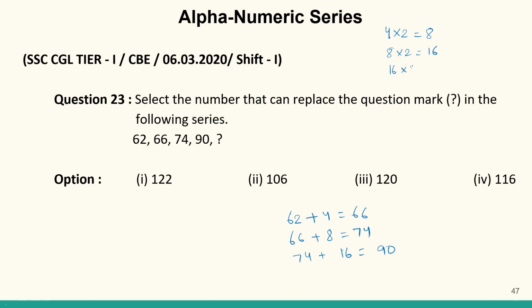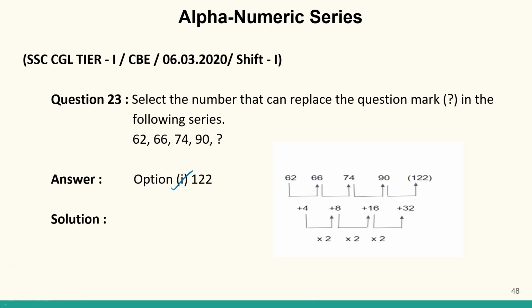So logically we'll multiply it by 2 and add 32. Because this was increased by 4, this was increased by 8, and this was increased by 16. So if I add 32 to 90, I'll get 122 as my answer, which is option number 1. So here you can see very clearly 4, 8, 16, 32. So the element that we are adding is multiplied by 2 in each case, right?